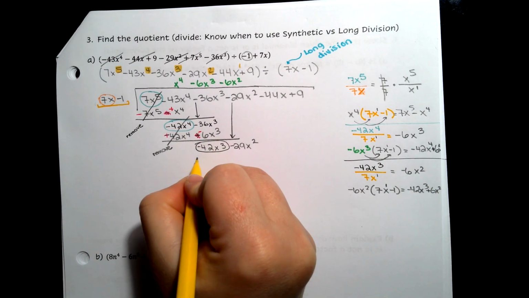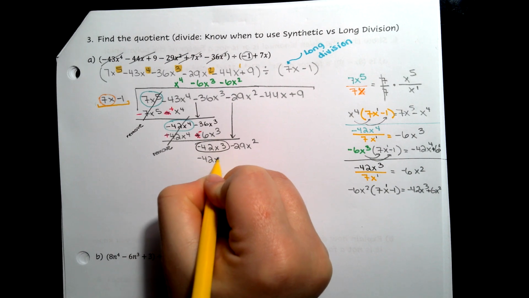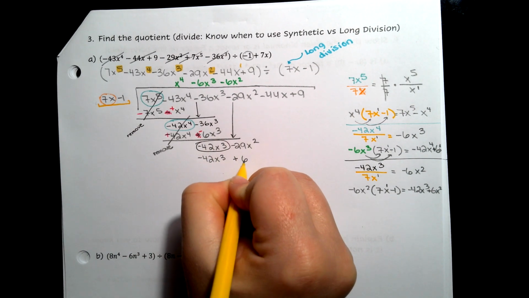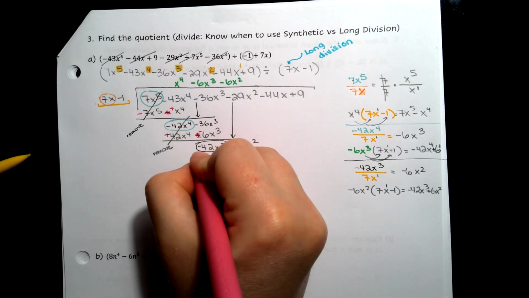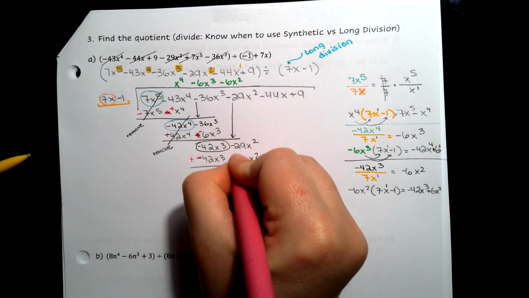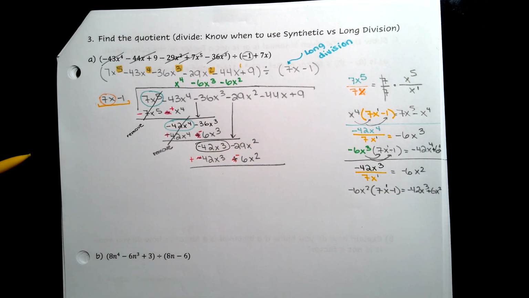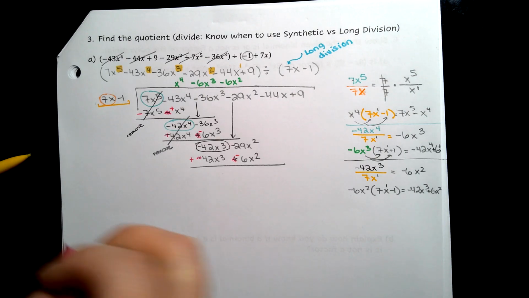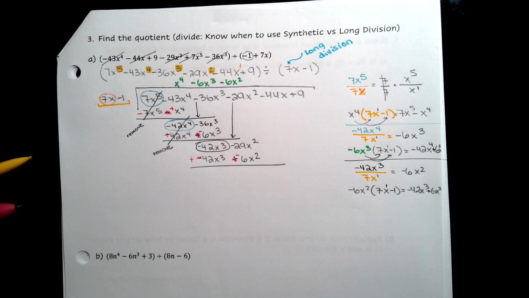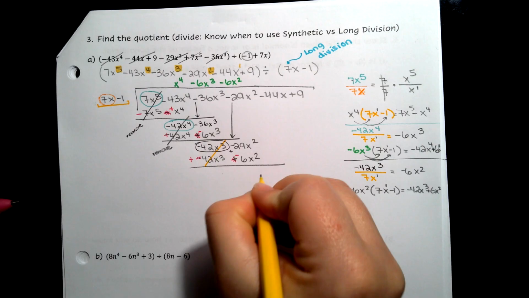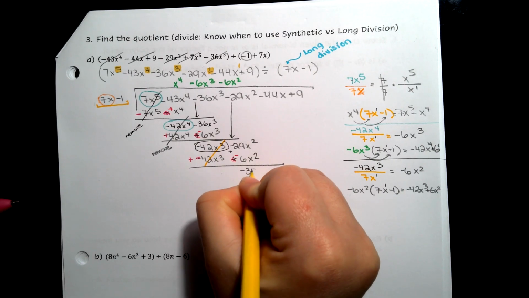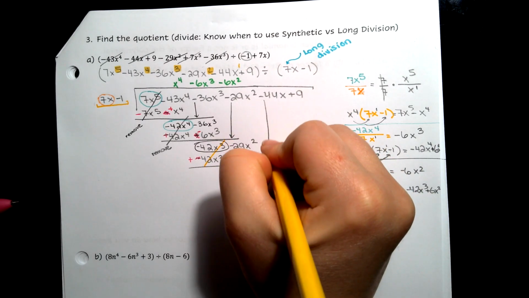So similarly as before, negative 42x cubed plus 6x squared. And again, we need to go in and change our sign. So that becomes a positive, that becomes a negative. So here we are removing our 42s. Here we are adding. So we have negative 35x squared. Bring down the next term.